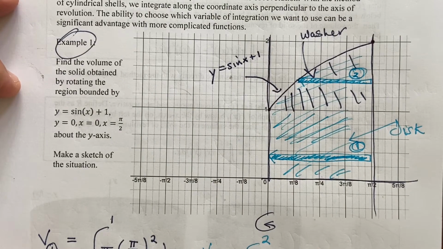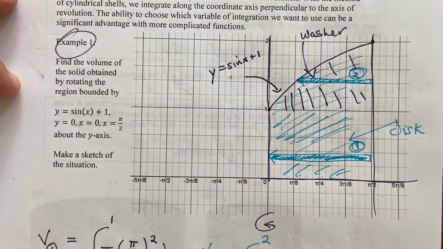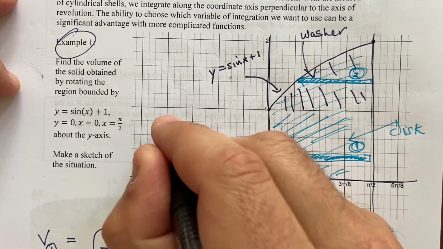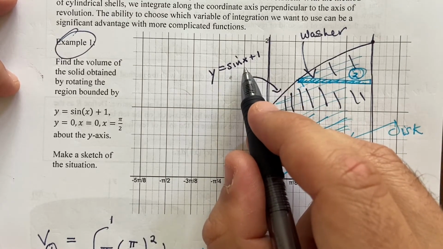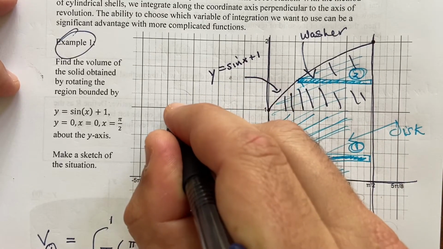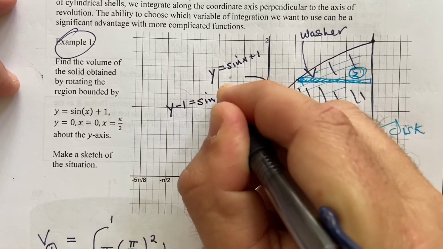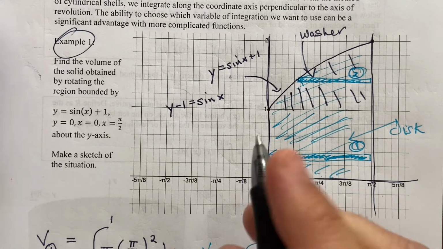So since everything is with respect to the y-axis, what I'll need to do is think of this as, well, if I solve for x, I would subtract 1. I have y minus 1 equals sine of x. And then find the inverse sine.